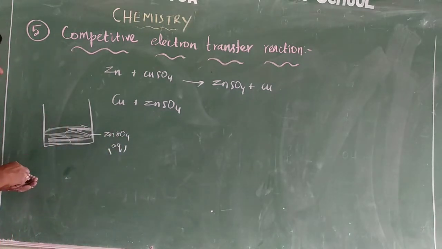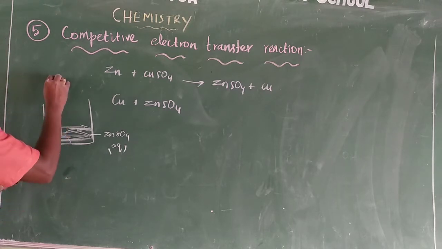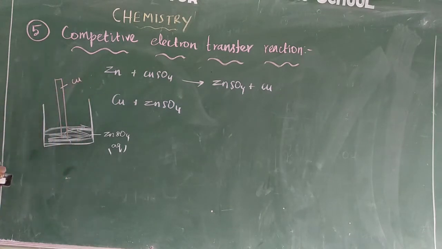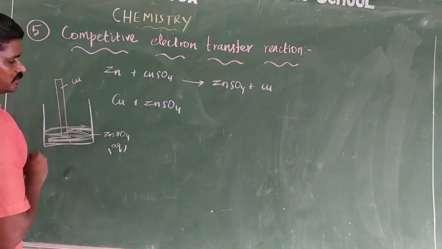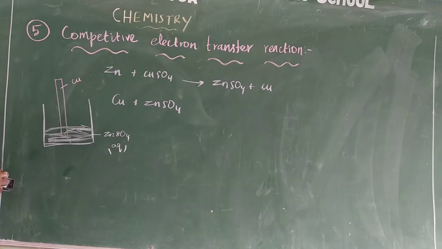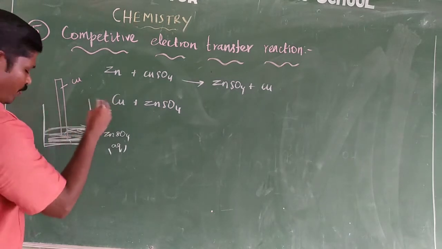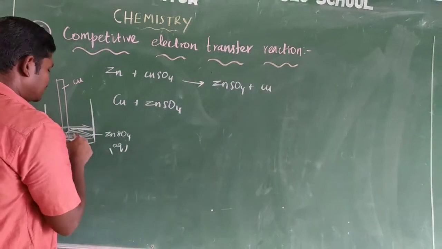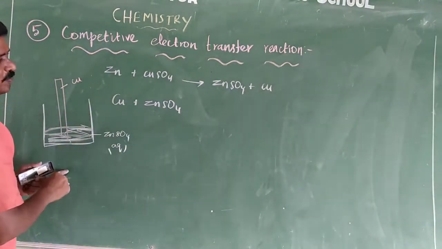Say a copper metal strip is placed in the zinc sulfate solution. Suppose copper were more reactive than zinc, the solution would be converted into copper sulfate.